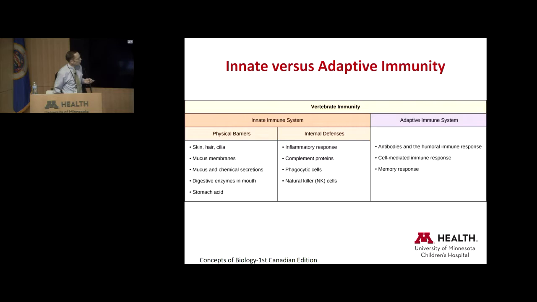If you're a human being, you have this next line of defense, and both the physical barriers and these cells of the innate immune system and their molecules provide us protection against anything we get exposed to in the world. And this is something that is a learned system over here, the adaptive immune system.